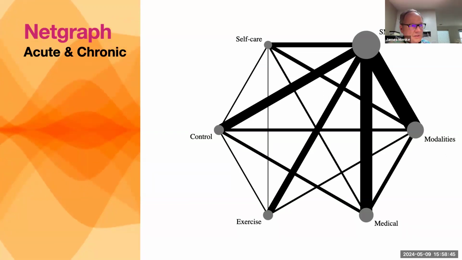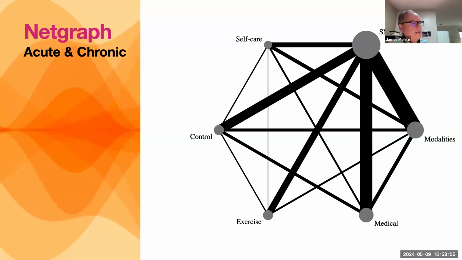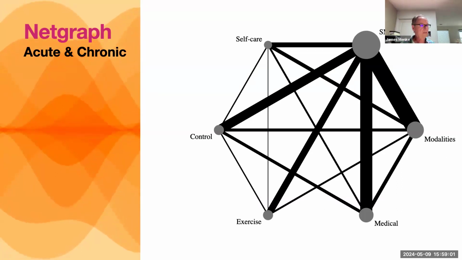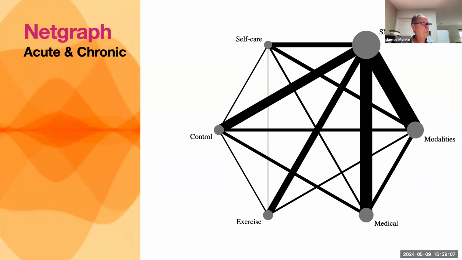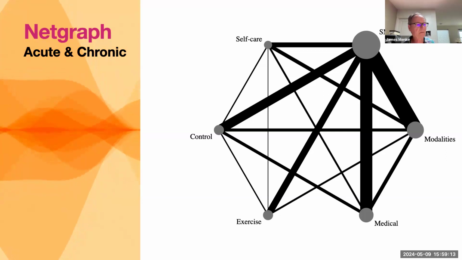There are no waiting list control groups within acute pain because I think there are ethical considerations there. Self-care is compared to exercise, maybe only once because of the thinness of the line you can see. Anyway, that's a net graph. Any comments or questions on that? You can't see exercise compared to medical anywhere in my studies.